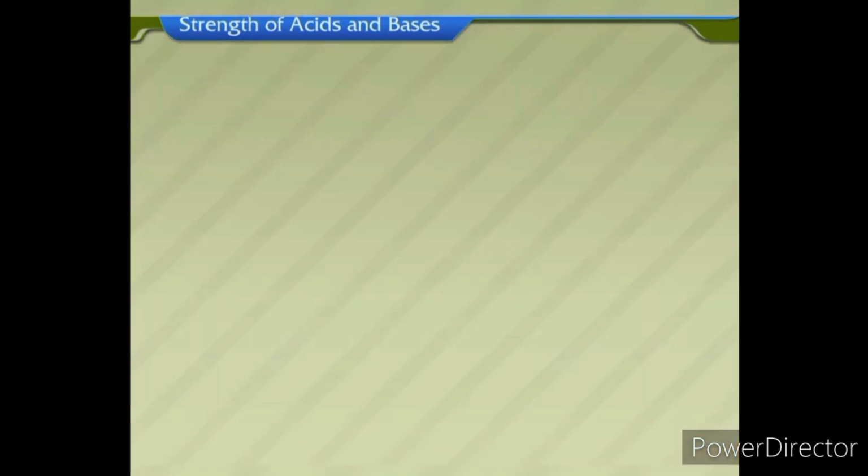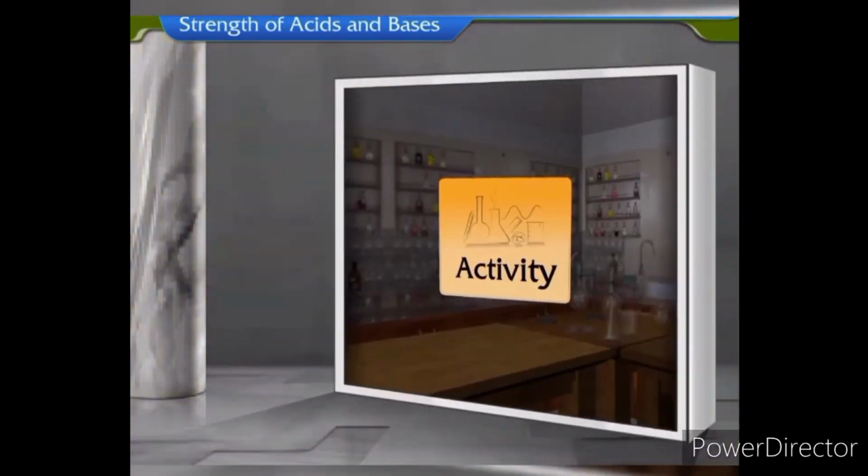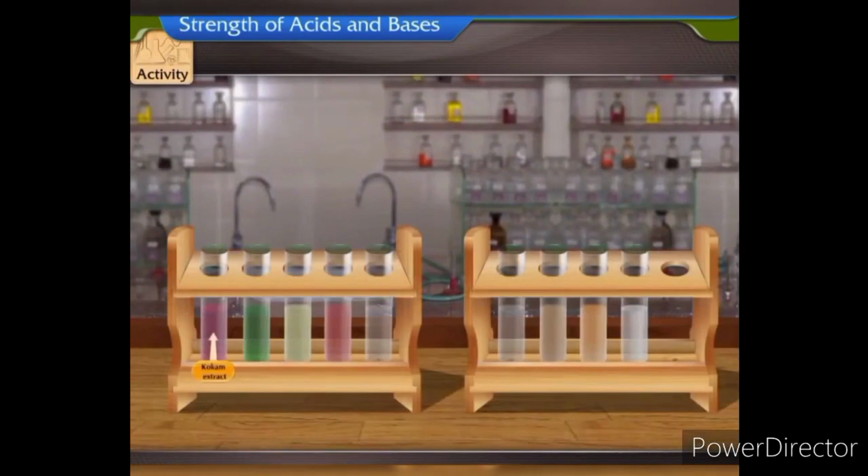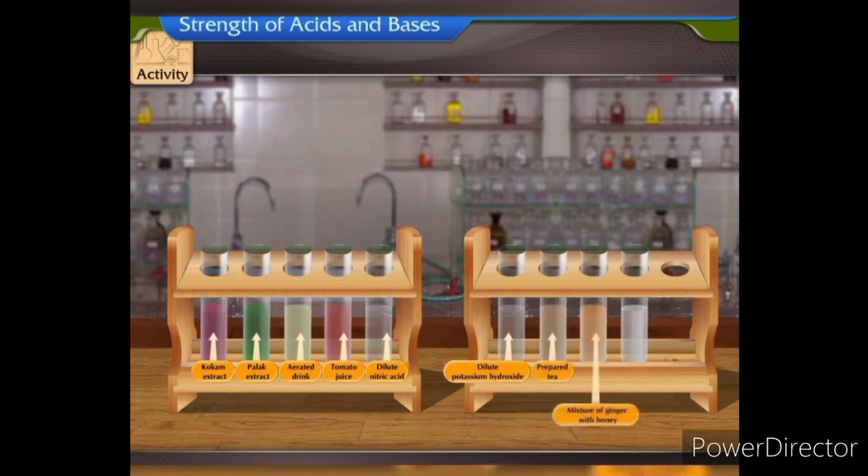Let us perform an activity using a universal indicator. Activity: Take samples of kokum extract, palak extract, an aerated drink, tomato juice, dilute nitric acid, dilute potassium hydroxide, prepared tea, a mixture of ginger with honey, and buttermilk in different test tubes.